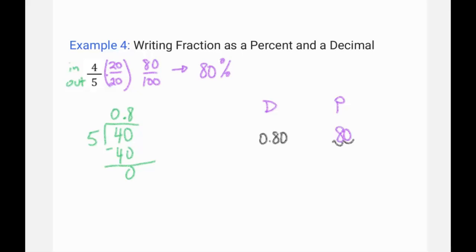And again, that's a decimal of 0.8, and if I want to convert it into percent, I would move it 2 decimal places to the right. So 0.8, I move it over 2 places, 1 and 2, so that becomes 80%. So those are 2 ways to convert our fractions to percents and decimals.